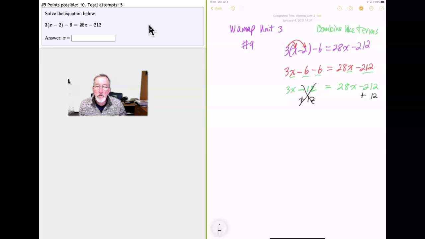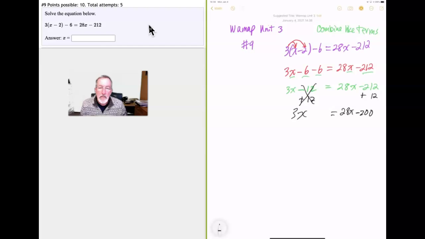Signs are different, so we're going to take the difference between the two numbers. And the difference between 212 and 12 is 200. And the number with the larger absolute value is 212, so that is the winning sign. So this becomes 28x minus 200 is equal to 3 times x.